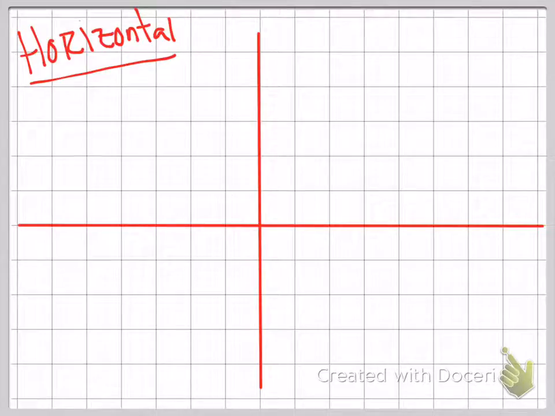Ladies and gentlemen, what does a horizontal line look like? It only goes across. Correct. Only goes across.